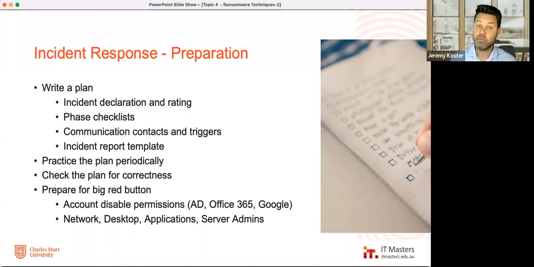But for ransomware, it is pretty mainstream that the plan should be covering all of these different phases. So we have this idea in an incident response plan where we have a declaration of an incident. When do we actually decide this is an incident, or we are investigating an incident?